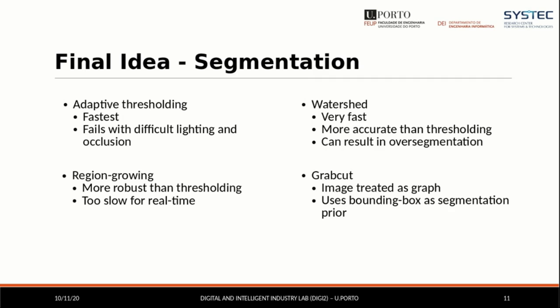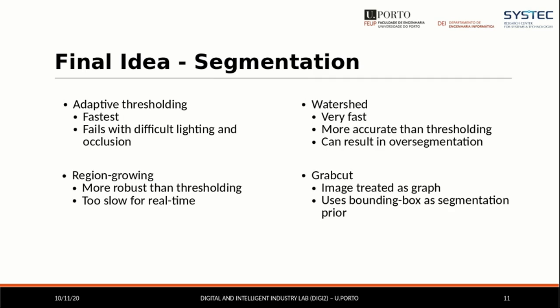I looked at the following 4 methods. As you can see, adaptive thresholding is the fastest segmentation technique. However, it fails when objects overlap each other and when lighting conditions make them blend into the background. For those reasons, it was rejected. The region growing algorithm is more robust than thresholding. However, it takes way too much time to run, and it doesn't work in a real-time application.